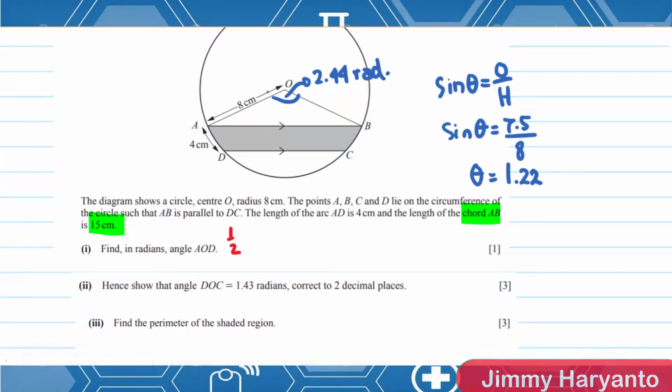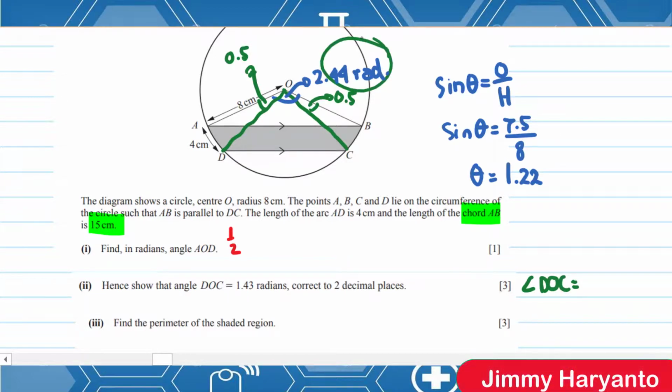Yeah, we have to draw like this, DOC. We already know that this angle is half, 0.5, and this angle is also 0.5. That means angle DOC equals 2.44 minus 0.5 minus 0.5. It will be 1.43.